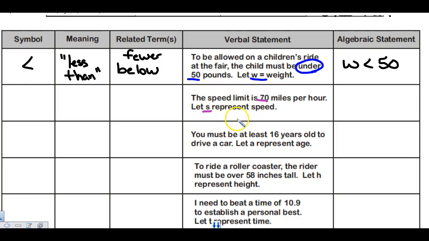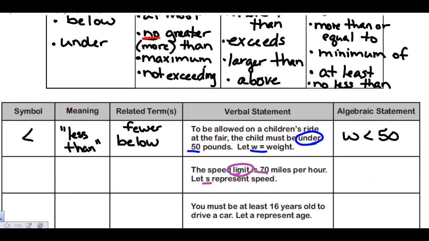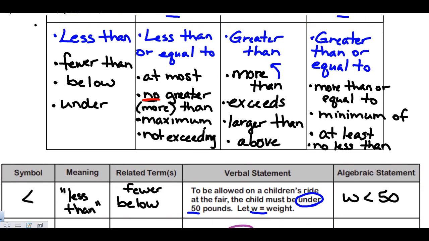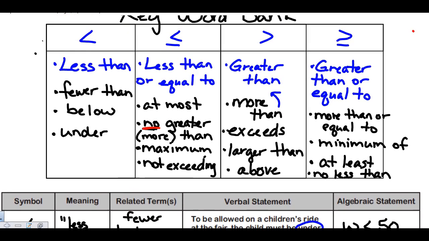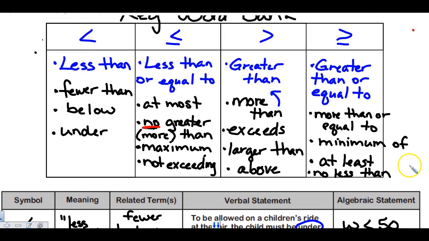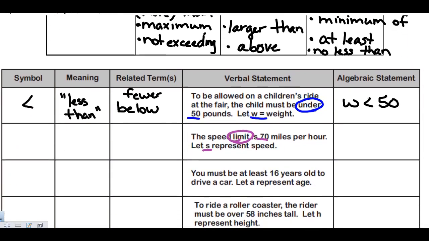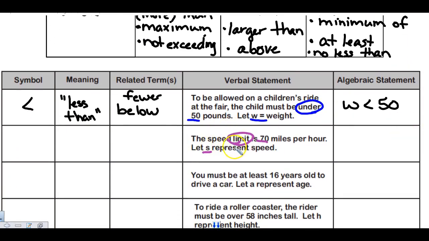So where would that keyword be? The keyword here is limit. So what other related terms could I use other than limit? One thing I could say is my speed cannot exceed, or the maximum speed.